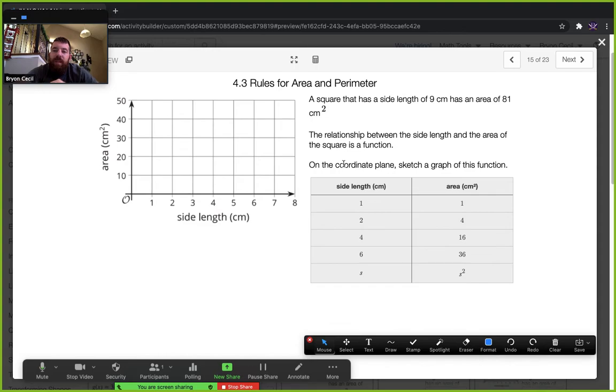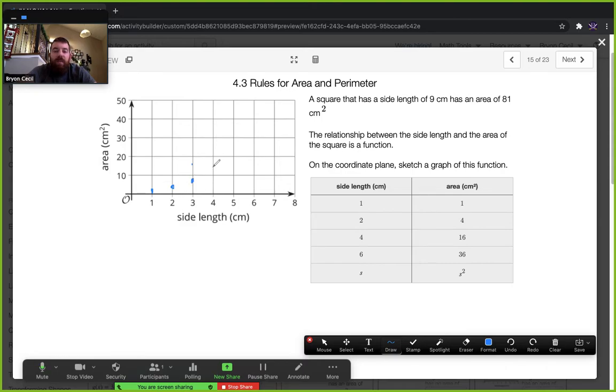All right. Now, we have this on the coordinate plane. Show the graph of the function. So we see at 1, we are at 1. So it'd be like right here. At 2, we are at 4. Okay, I'm only going up almost halfway. Then we jump up, where would we be at 3? We'd be at 9, right?